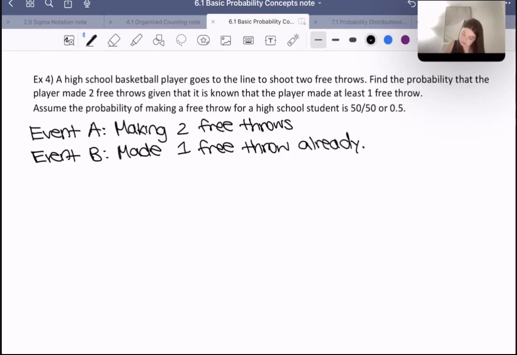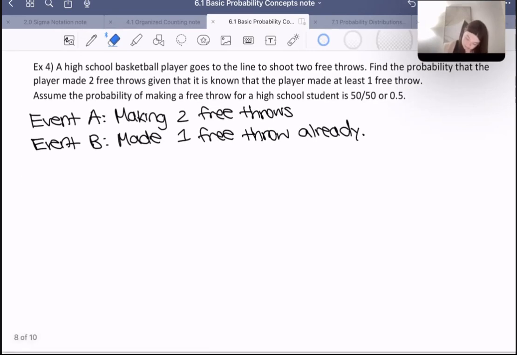Or that it is known that at least one free throw is made, right? So, therefore, we want to find out what is the probability that two free throws are made given, so probability of A, given that B is true, given that we already made one free throw.